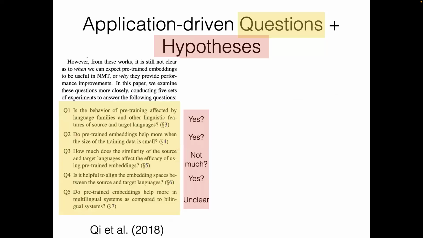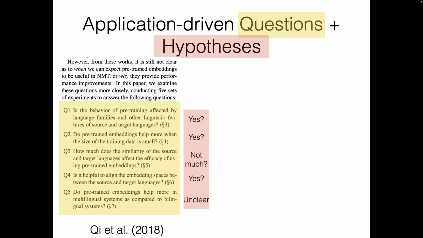Here's one that's more application driven, and you see this a lot where people will enumerate different questions. So here, one is the behavior of pre-training affected by language families and other linguistic features of source and target languages?